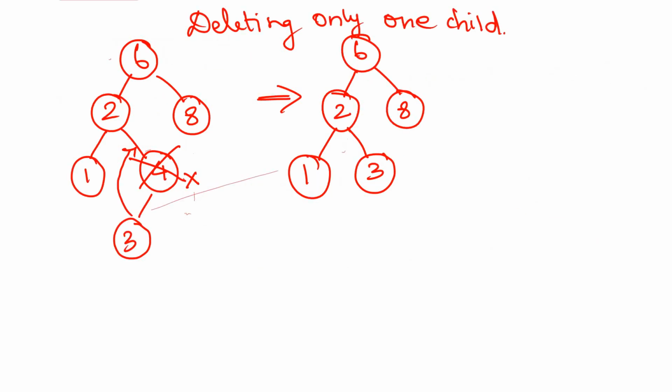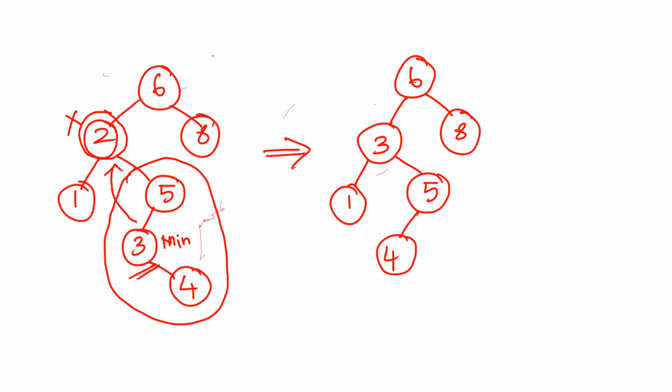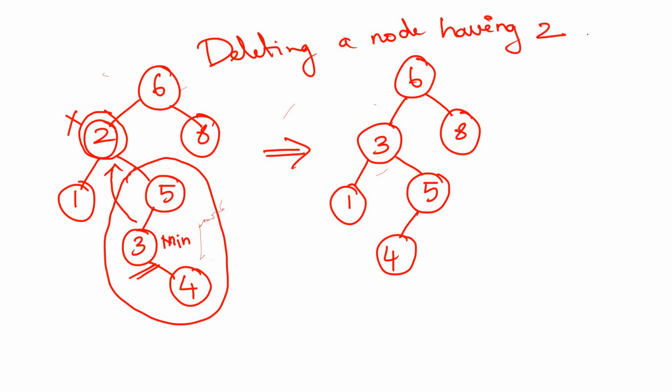So deleting a node with only one child, we need to delete 4, so I don't have any right subtree, so directly I am deleting 4 and attaching 3 to right of my 2. So this is deleting a node having 2 children.